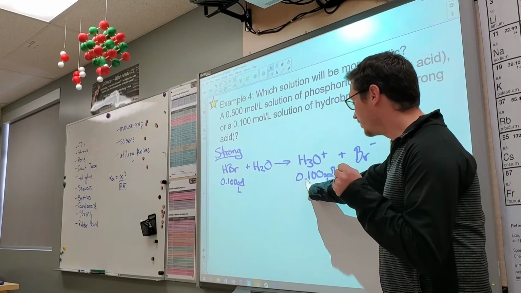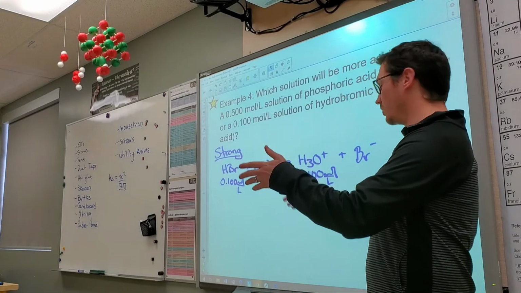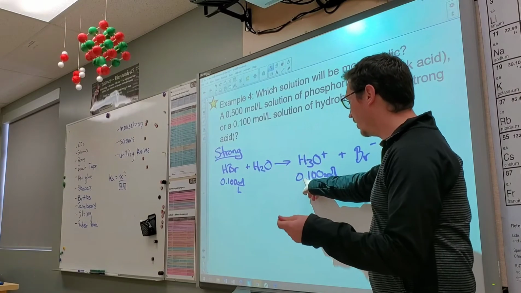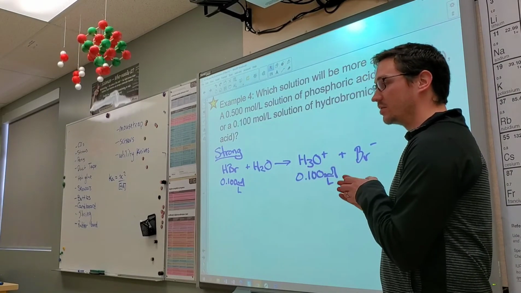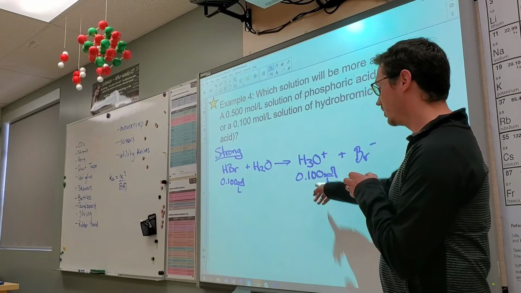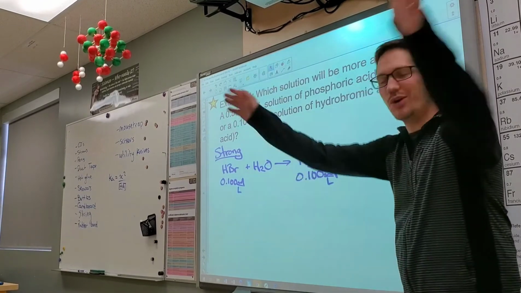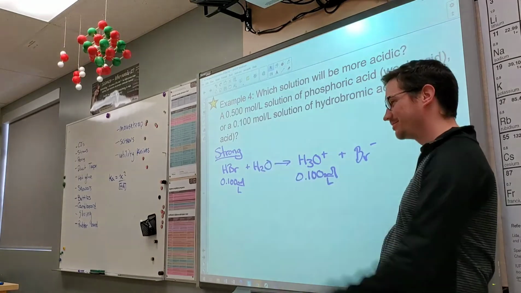How many zeros are in between the decimal place and the 1? There are no zeros. So just take the negative log of this. Just do it.